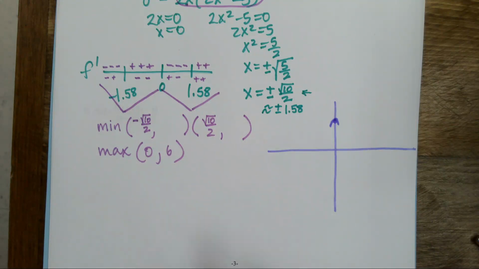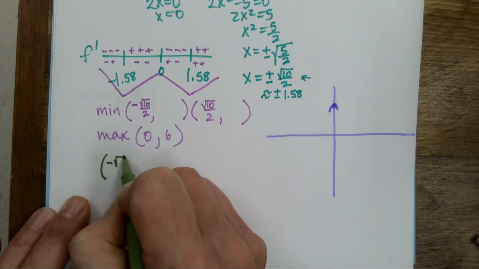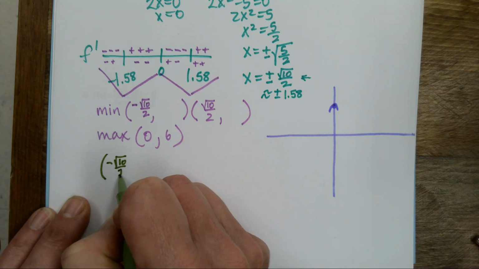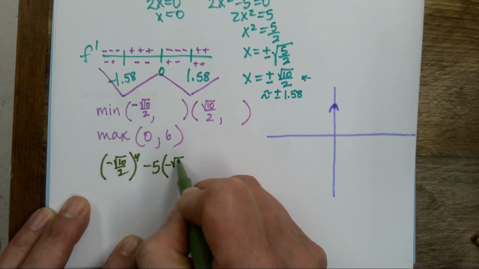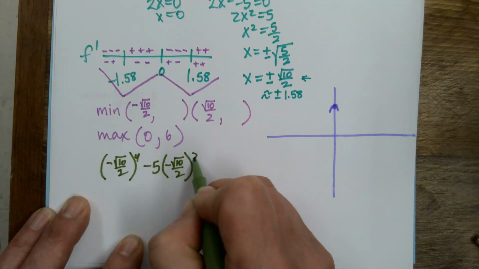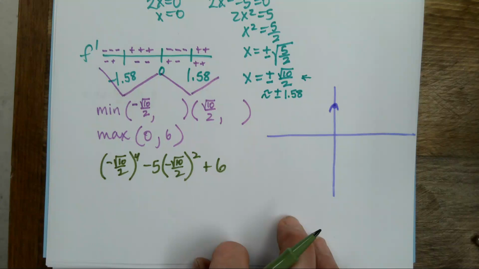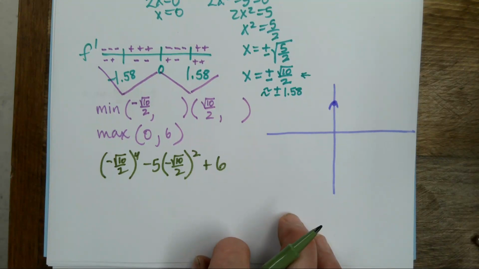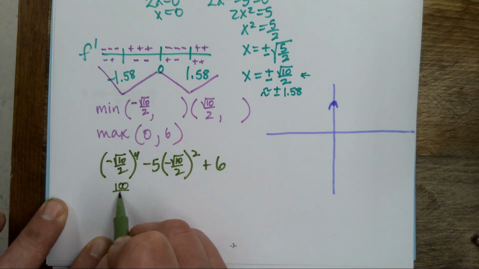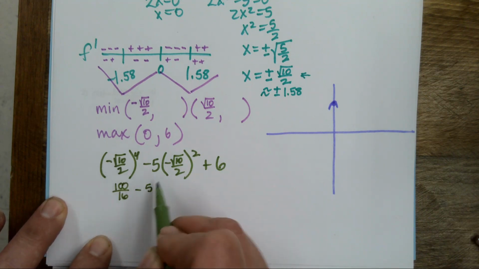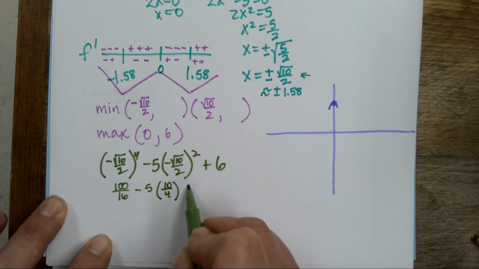So I go back up to the original. It is negative square root of 10 over 2 to the 4th minus 5 times negative square root of 10 over 2 to the 2nd plus 6. This is 100 over 16 minus 5 times 10 over 4 plus 6.